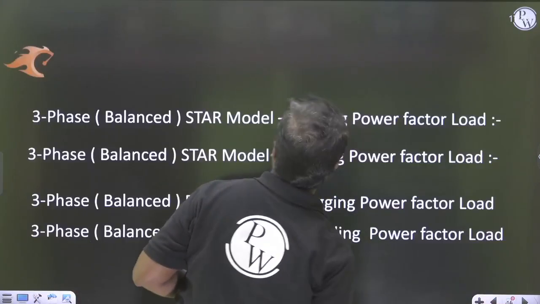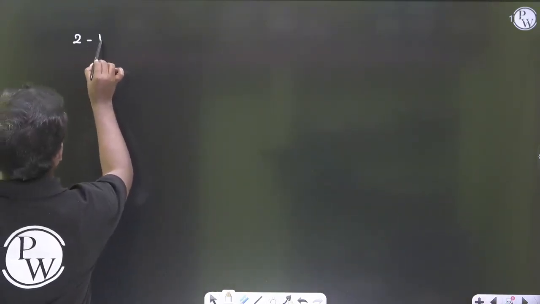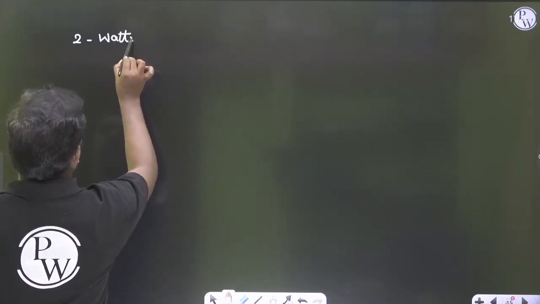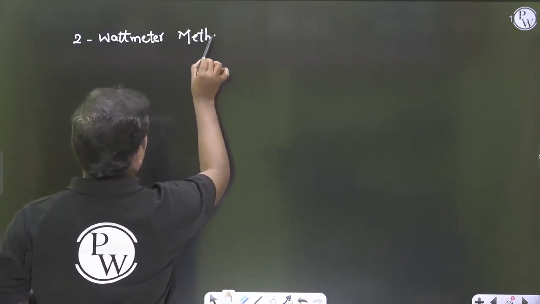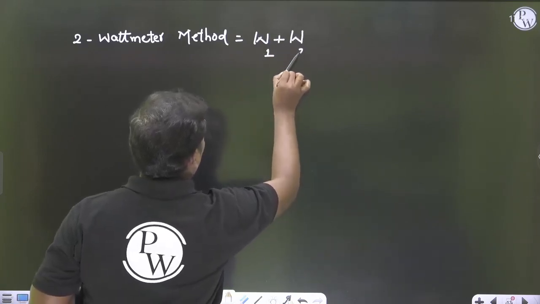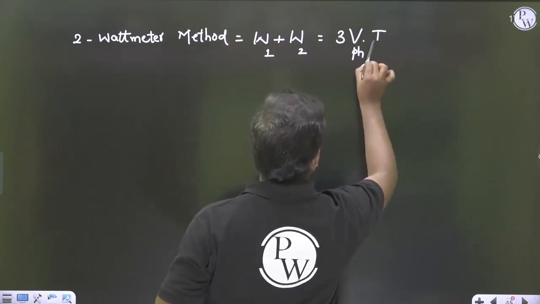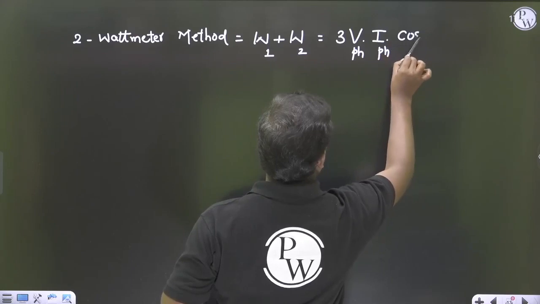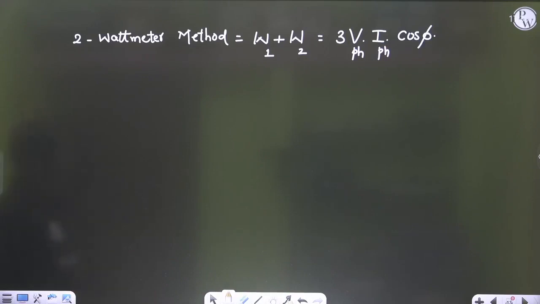How is it possible? According to Blondel's theorem, I can connect 2 wattmeters, in the 2 wattmeter method, where W1 plus W2 will give the 3-phase reading, 3 VPH, IPH cos phi. Let us see clearly how it is possible.